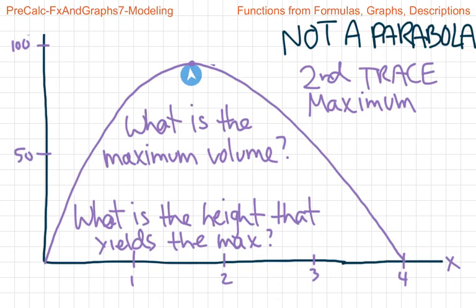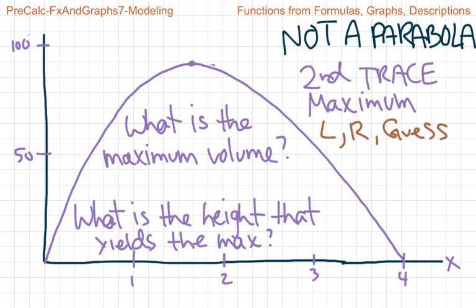You go towards that point and hit enter. So do that, pause me. You're telling your calculator which max you want to locate, because there actually is another max on this function, but it's a negative value and we don't want it.